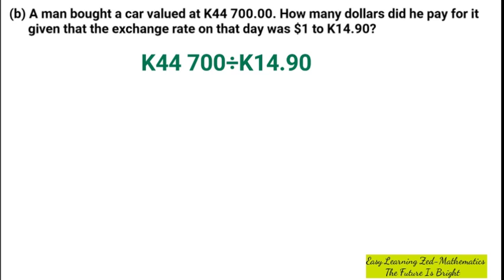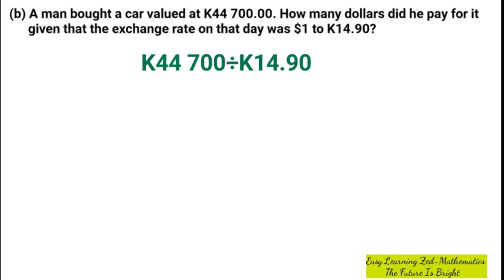We want to find how much the car is valued in dollars. So we are going to divide 44,700 kwacha by the exchange rate. The exchange rate we pick is in kwacha. Don't pick $1. We pick the one in kwacha because we want to find the value of the vehicle in dollars.